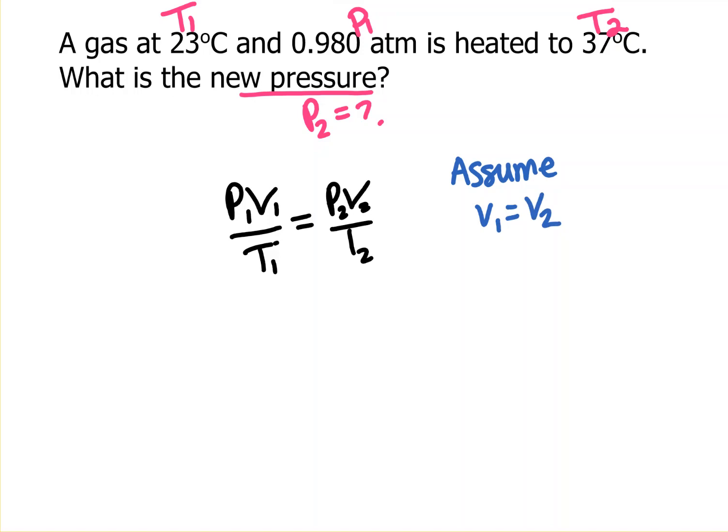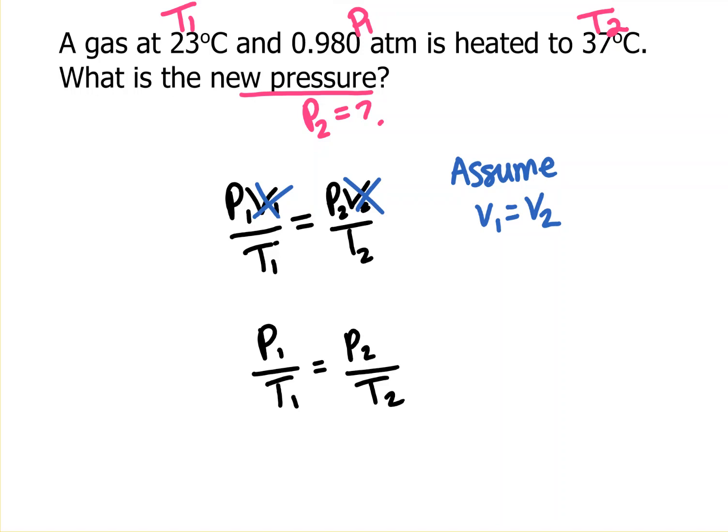Volume is constant. And if it's constant, I could divide both sides by that number, and V would cancel out on both sides. And so I'm left with Gay-Lussac's law.